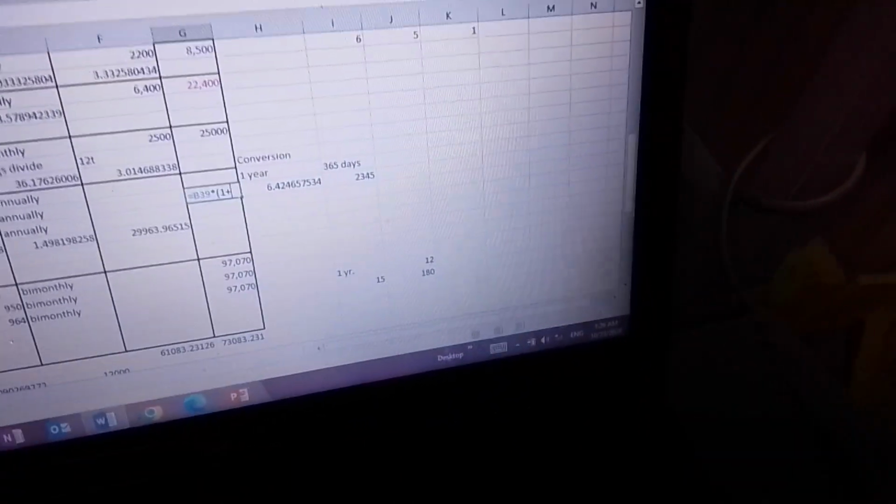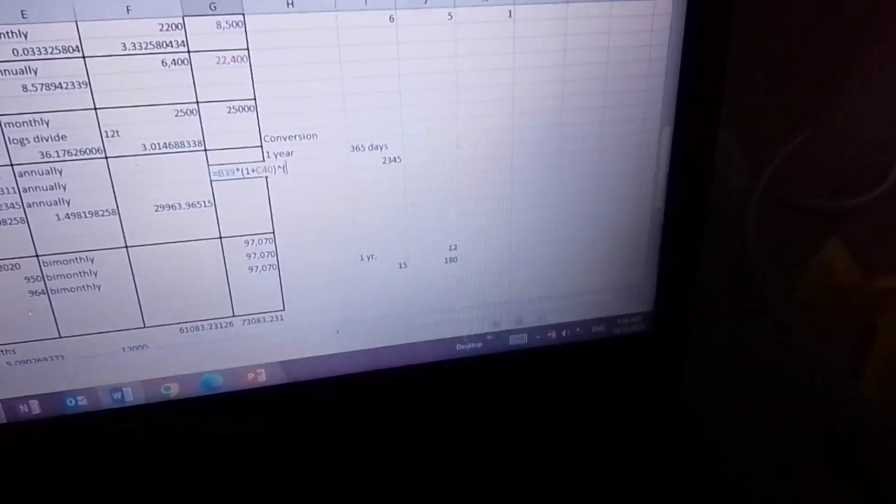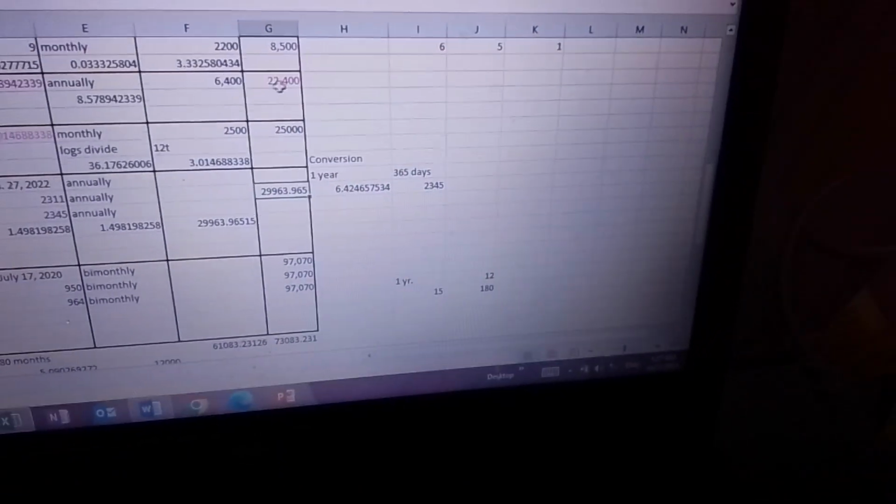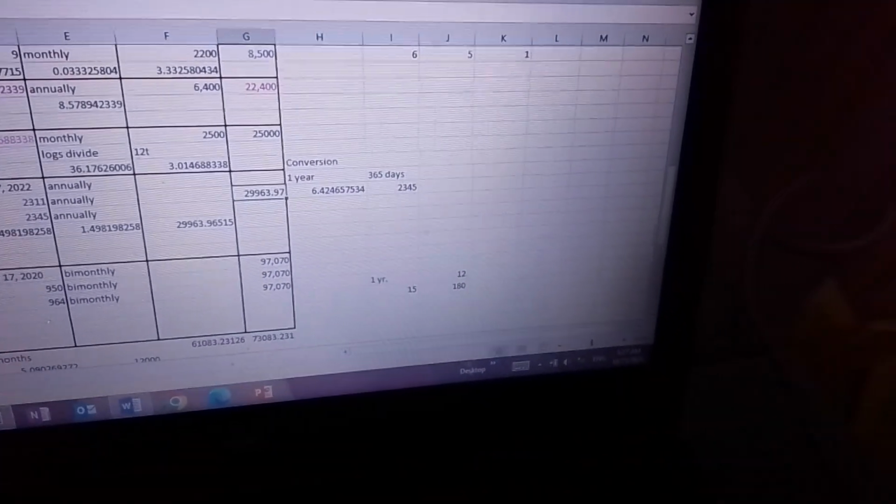Remember, ito yung ginawa namin. So 20,000 times 1 plus the rate, and then it's being raised to this one divided by 360th power. Did we get the same answer? Yes, we still get the same answer of 29,963.97. So let's just move the decimal point away.